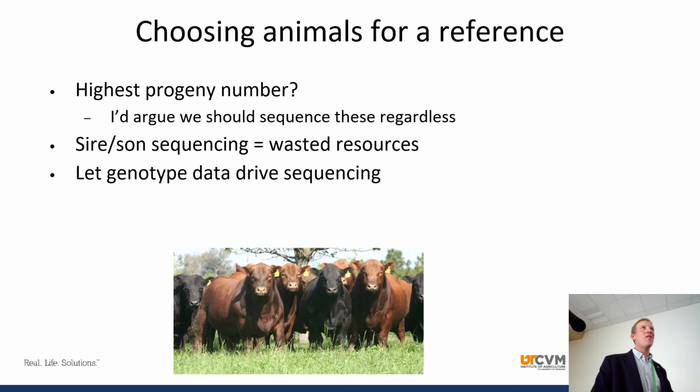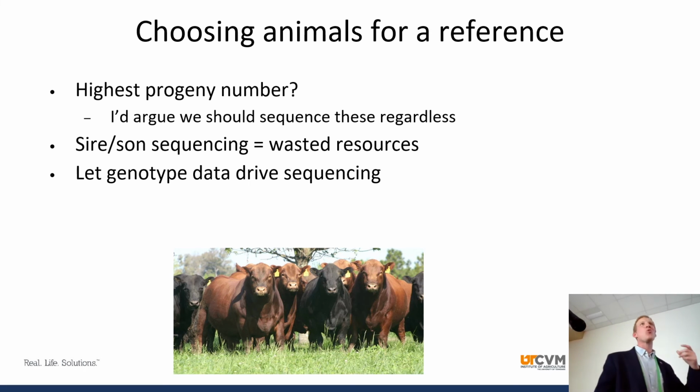But also being conscientious of, do we need to sequence a sire-son combination? If we've already got the high use sire in the imputation reference, how much additional benefit do we get from adding his son in there, right? But then I also think that with the large genomic data sets, particularly chip genomic data sets that we're constantly generating now, we can utilize that genotype data to drive the sequencing that we do, right?